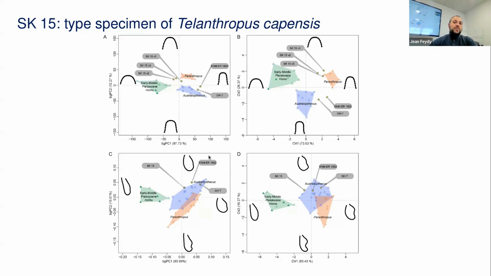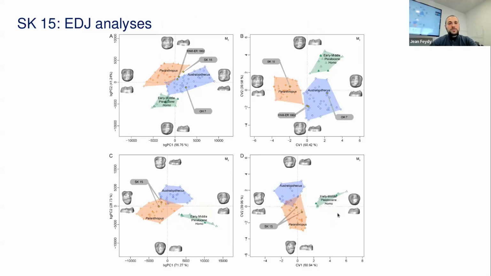And also here you have below the shape of the symphysis. So this part here where there is the chin in humans, in our ancestors there was no chin; it was flat. And you can separate humans very well, but there is a lot of overlap between Paranthropus and Australopithecus, so it's more difficult to discriminate.